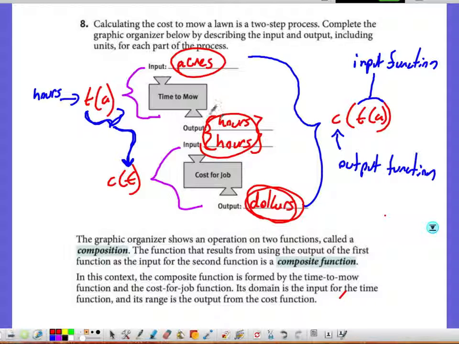Since those are the same, the composite function skips the units in the middle, and we always start with acres as our input, and our output for the composite function is going to be dollars. And so what I like to say is we skipped the middleman. We went straight from acres to dollars, and we skipped hours.